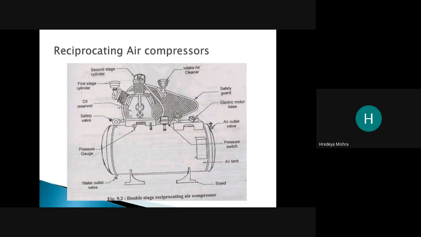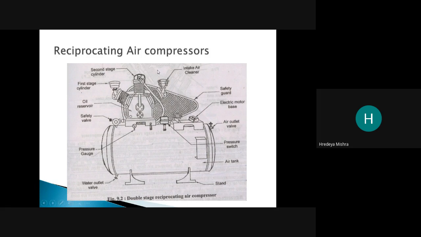And if we use more than two, then it is a multi-stage air compressor. If we increase the number of cylinders, we can get sufficient compressed air in minimum time, and we can get higher pressure in comparison to lower stage compressors.